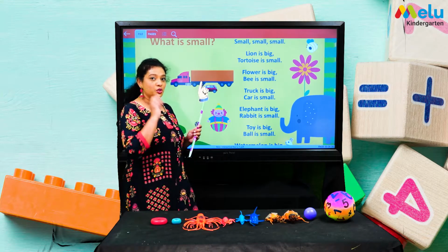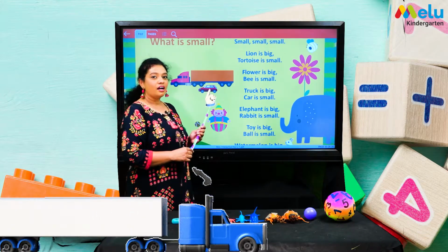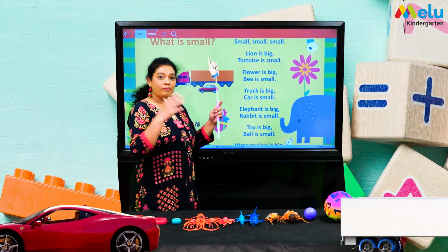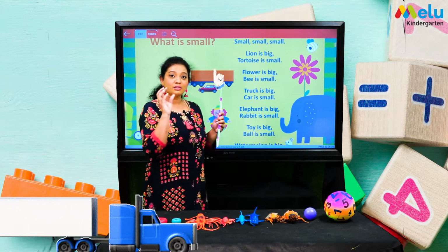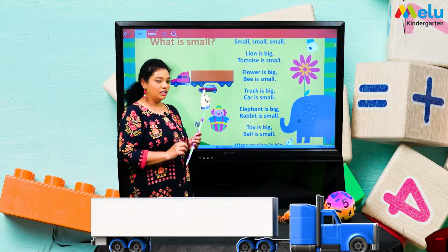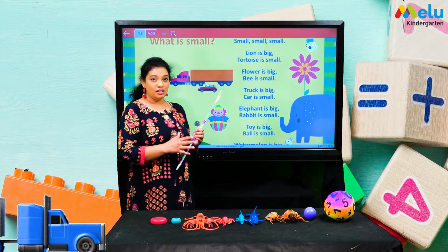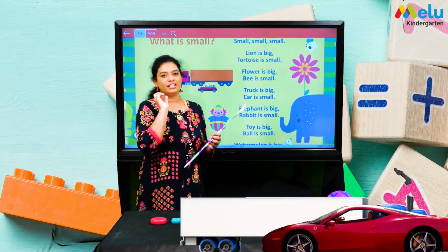Here there are two vehicles. One is a truck and the other is a car. Now tell me, children, is the truck big or is the car big? Right, children, the truck is big in size and the car is small in size.